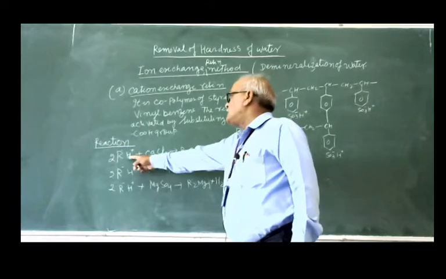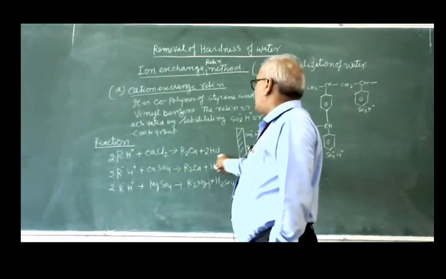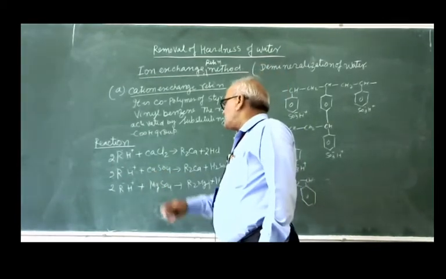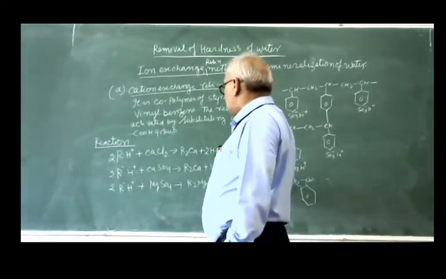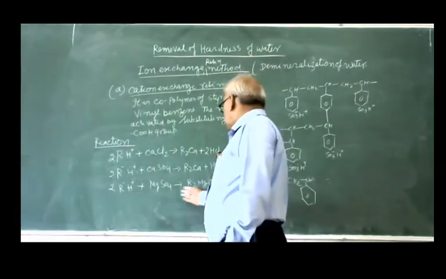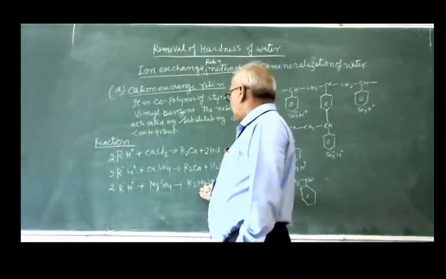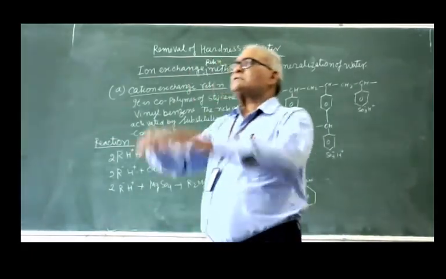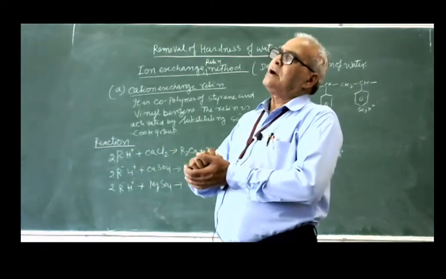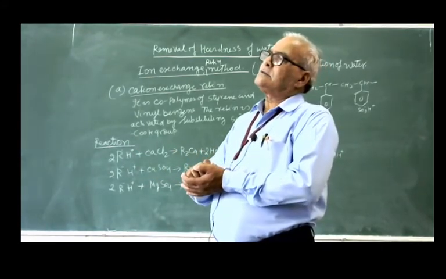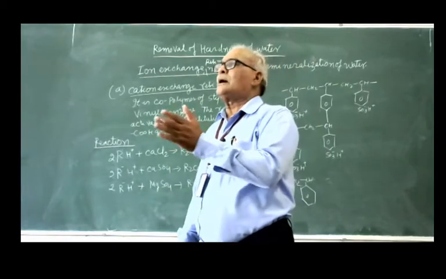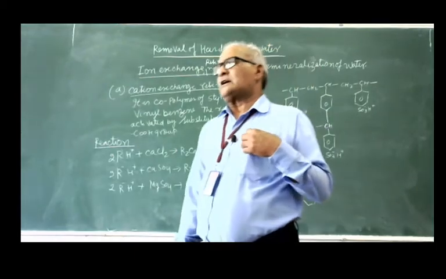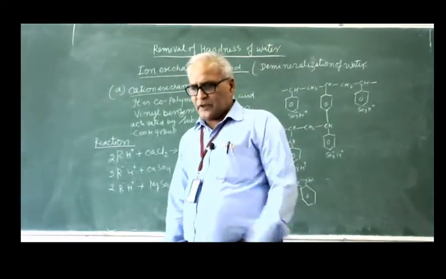Chloride ion combines with hydrogen and you get hydrogen chloride. Similarly, if calcium sulfate is present, you get sulfuric acid. If magnesium sulfate, you get sulfuric acid and the magnesium ion attached to the resin. So this cationic resin behaves as a remover of cations, and therefore it is called the cation exchange resin.